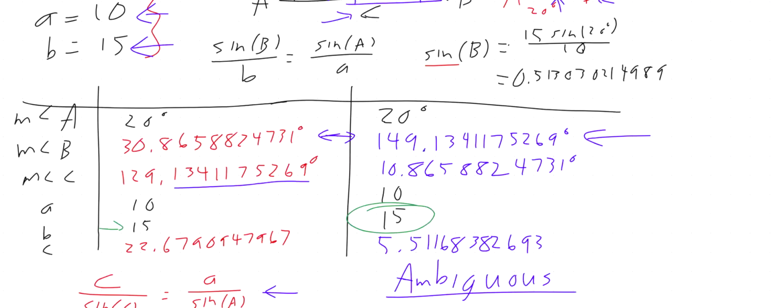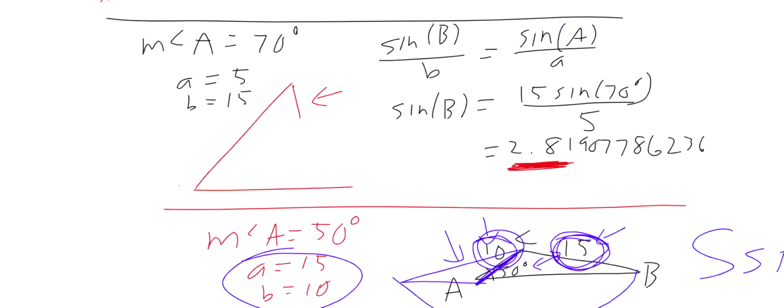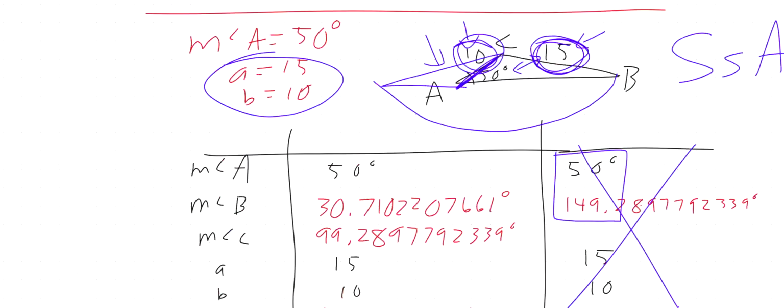We're not sure if angle B is the biggest or not, and therefore we don't know if it's going to be acute or obtuse. Down here, though, side B is definitely not the biggest side, so angle B can't be the biggest angle. So therefore, it has to be acute. So we know there's only one.